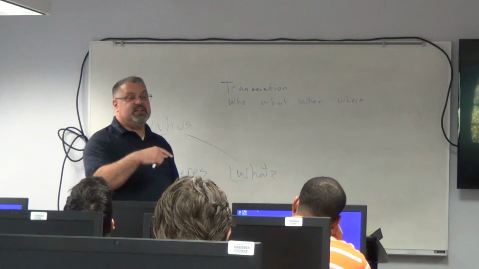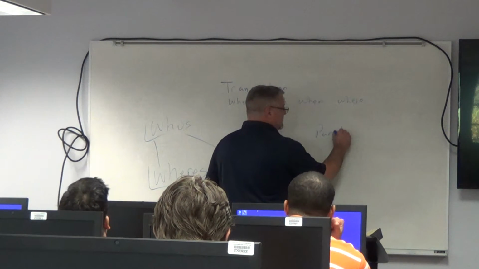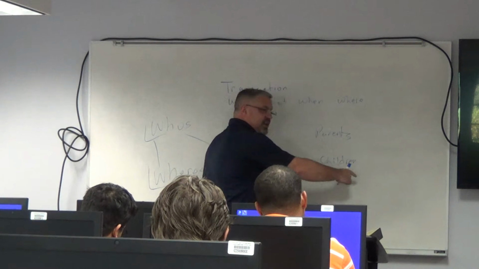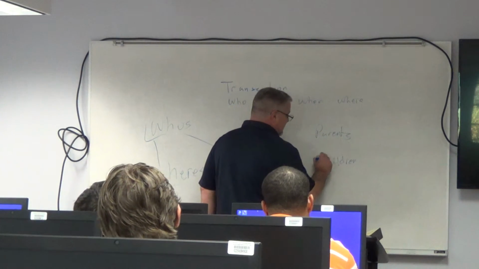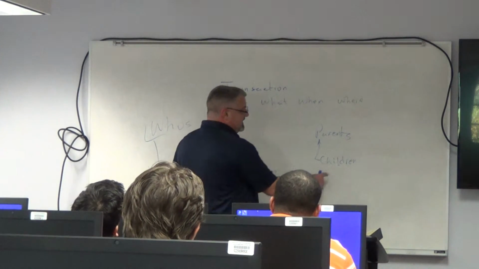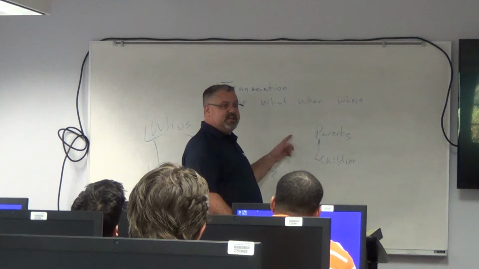So if you have parents who have children, I can't have a child unless I have a parent. Last time I checked. So this is dependent upon that. For me to put a record in the database for a child, I've got to put the parents in first. Because if I try to insert them here, your referential integrity is going to make me stop, and it's going to give me an ugly error.